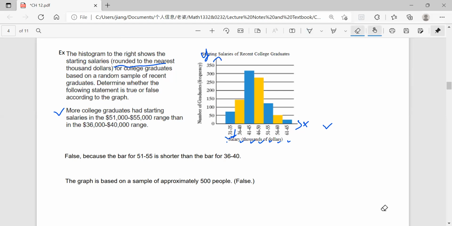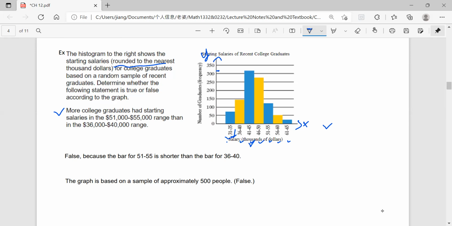And then, for example, for the people in this class, who got 41 to 45,000 dollars, there are about maybe 720 or 710 graduates who said they will get this amount of money.